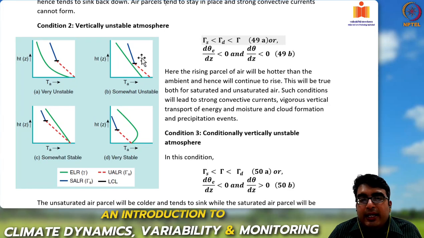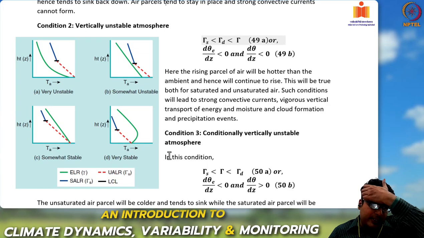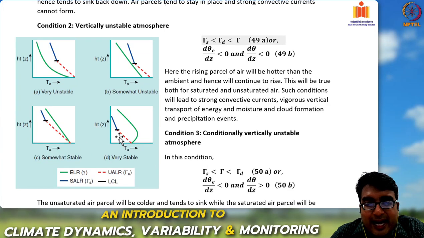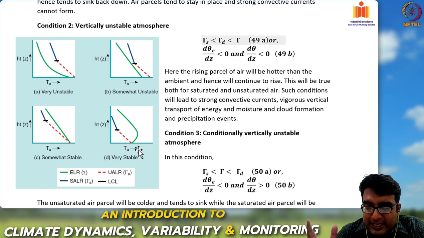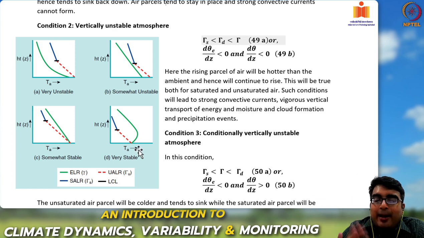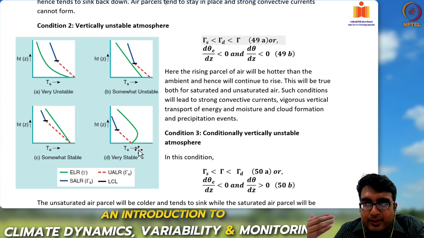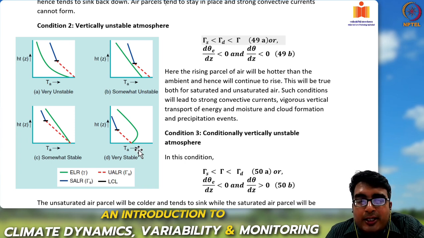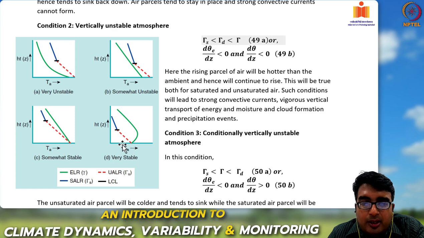Now here in this figure a very interesting point is shown. The dotted red line is the unsaturated adiabatic lapse rate, the blue line is the saturated adiabatic lapse rate. Because initially the air is unsaturated, as it goes upwards it cools, and eventually the saturation point is reached at the given temperature, and then it becomes a saturated parcel of air and the slope decreases.